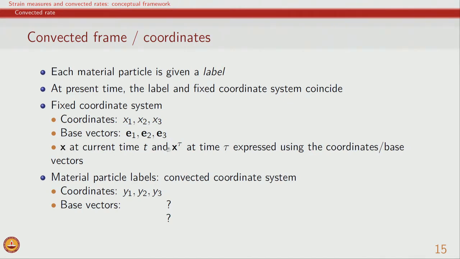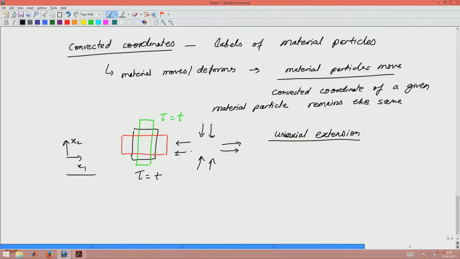and of course, the position will be described at x at current time t and x tau at any time tau. So, we can for example say that x at present time is x1 E1 plus x2 E2 plus x3 E3, and similarly at any other time tau also.